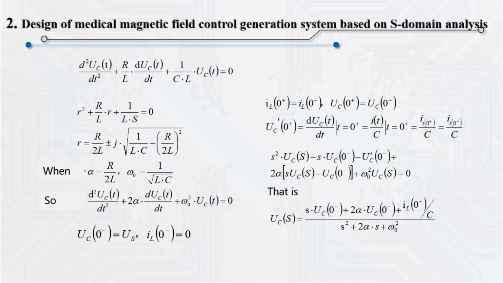Then we can get the initial values, and the two ends of the equation are transformed into Laplace form. You will get UC(s). Then use partial fraction expansion.